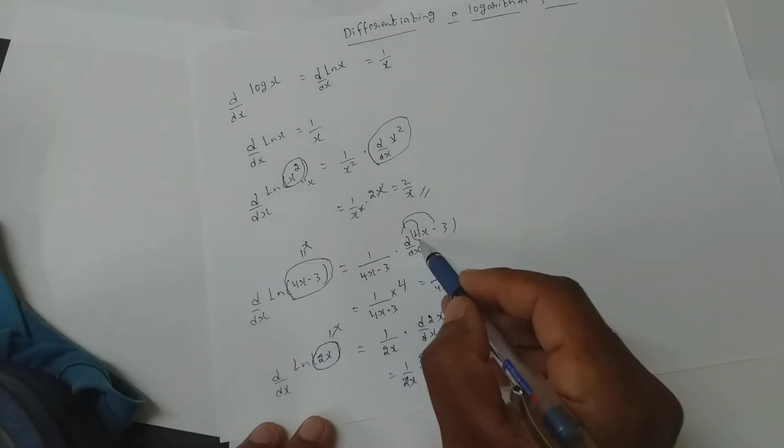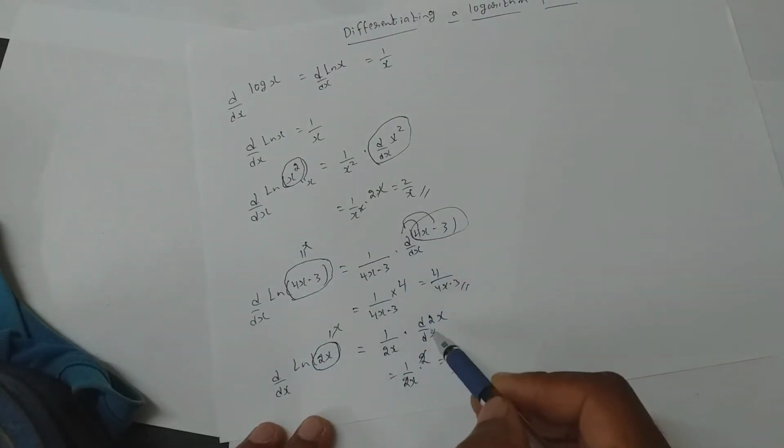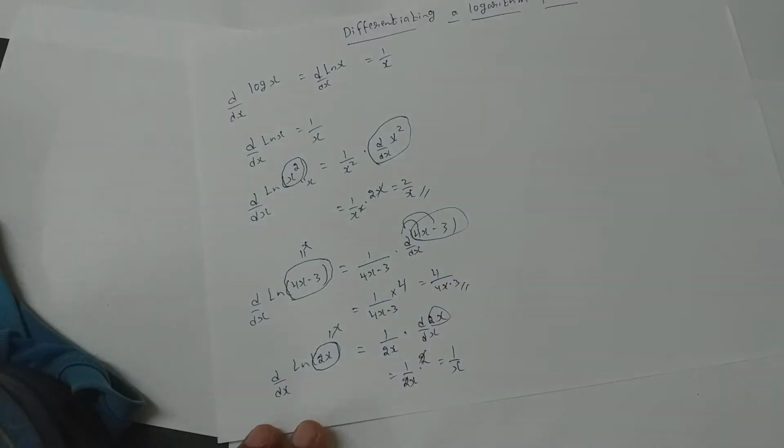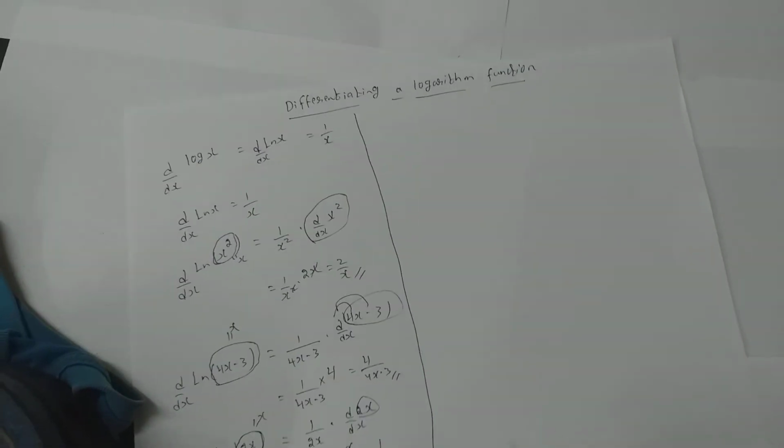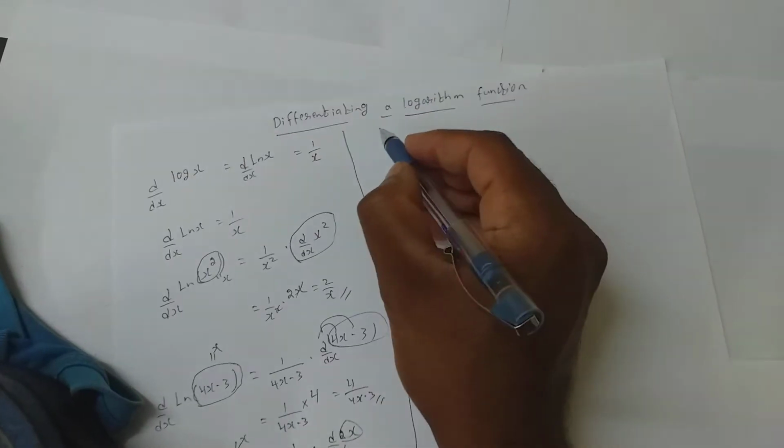In place of x, whatever you are assuming, that differentiation should be there. That is where most of the students go wrong. So please don't forget it. Am I clear? The internal part in your assumption should be differentiated at last. Clear? Let us see some more examples for better understanding.